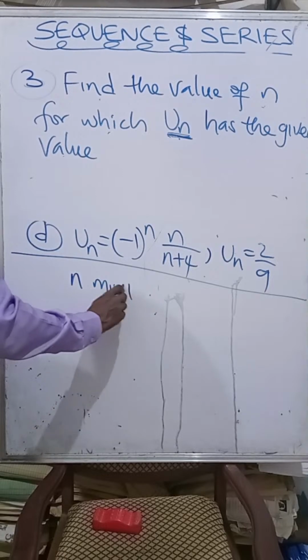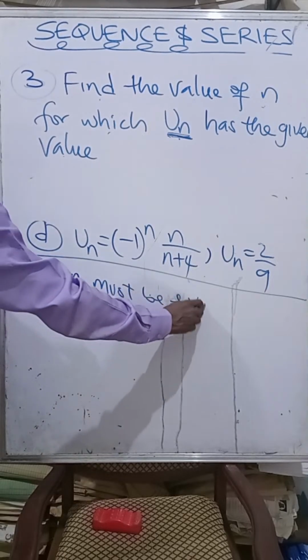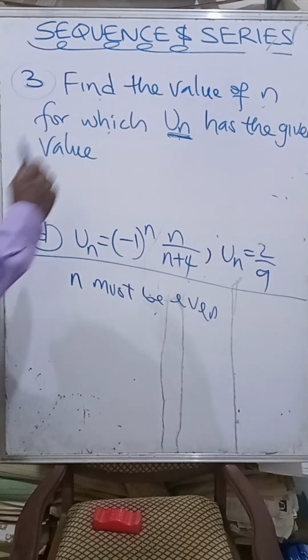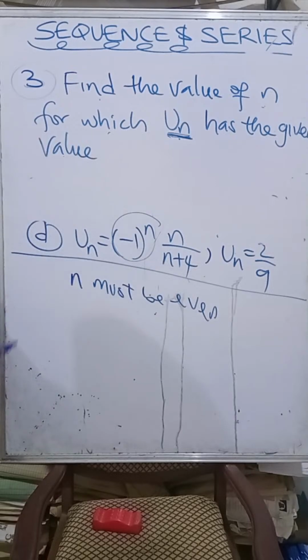N must be even, to make the work easy for us. So if n is even, this one will disappear.